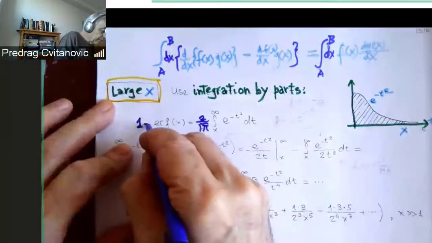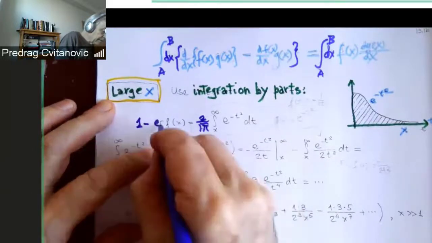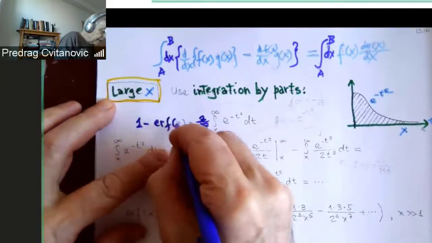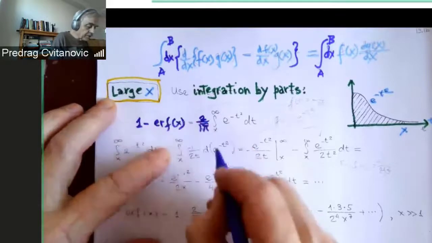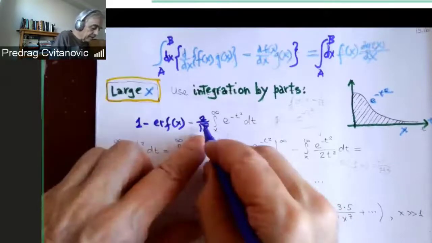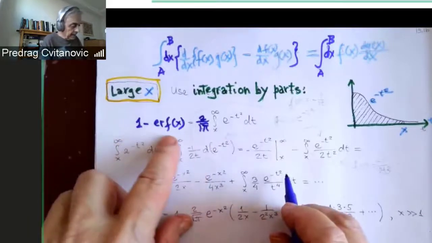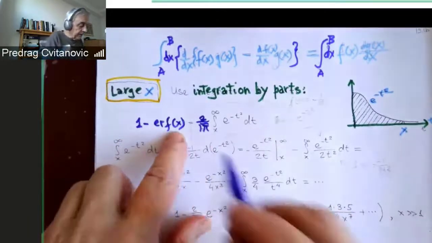So let's do that. Now the error function is normalized in such a way, that's why it has a 2 over square root of pi in front, that when you go to infinity, it's 1.